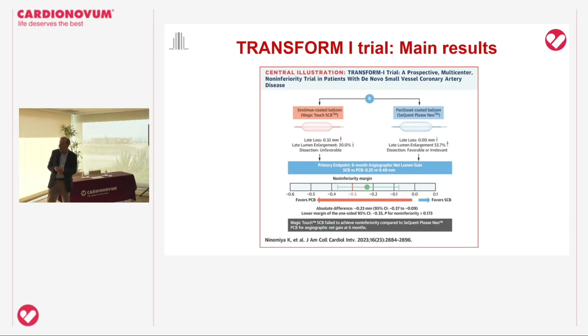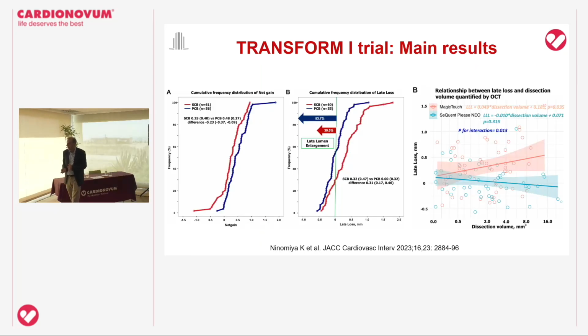In the arm of the sirolimus-coated balloon, late loss was higher, with less late lumen enlargement, and the fate of the dissections was really unfavorable. So in the end, Magic Touch failed to achieve non-inferiority in this trial as compared to Sequent Please. And this is the influence of the dissections.